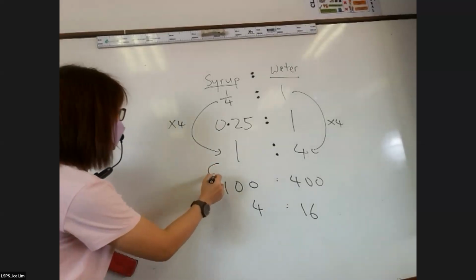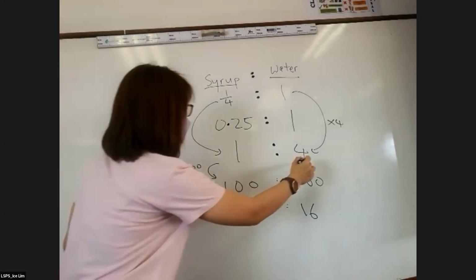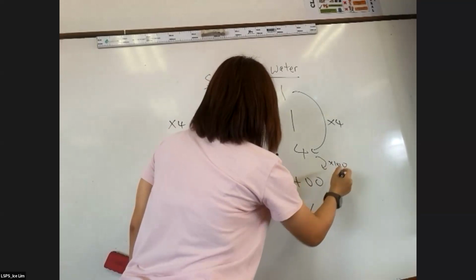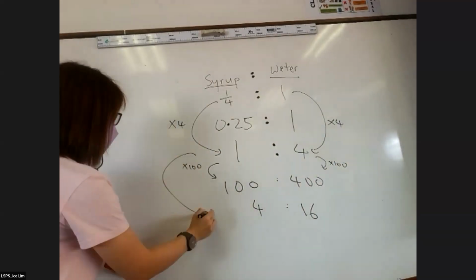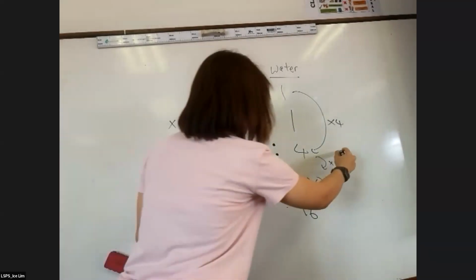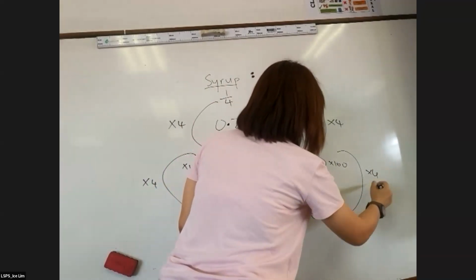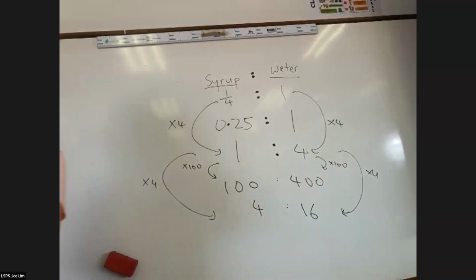Because this is like times 400, right? And then this one will be times 400 too, right? Correct? So in other words, all these ratios show the same comparison.